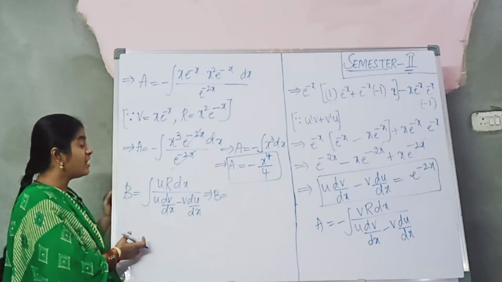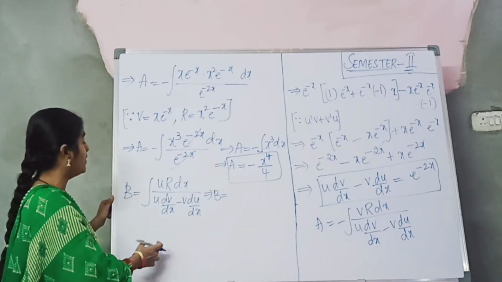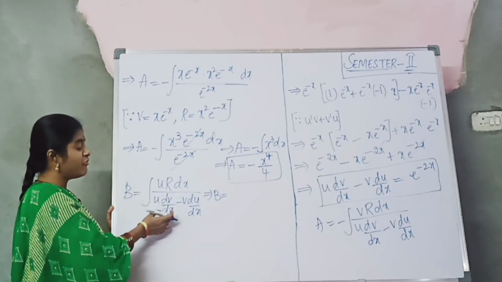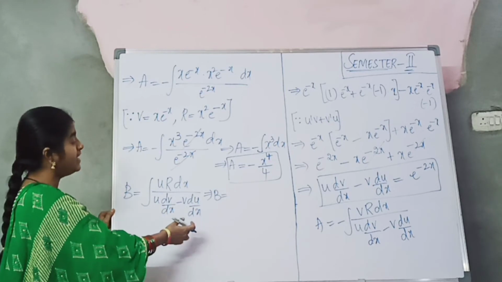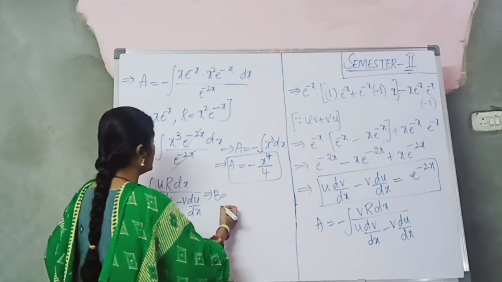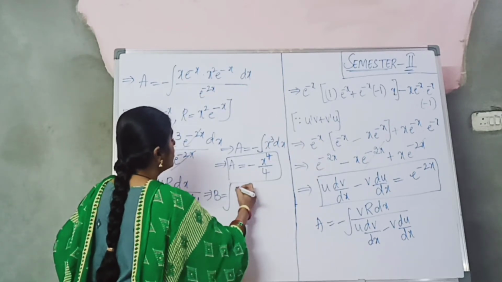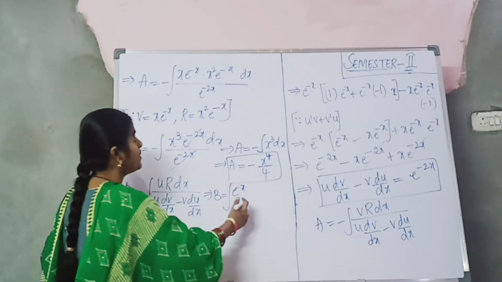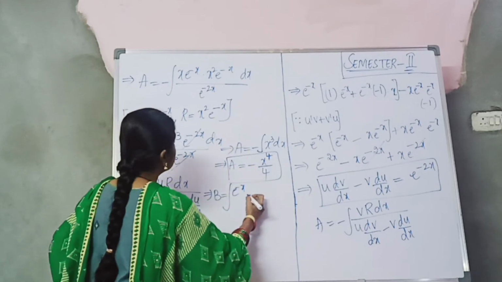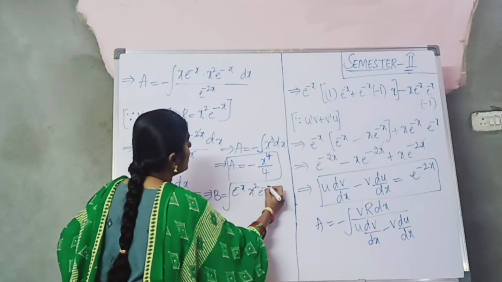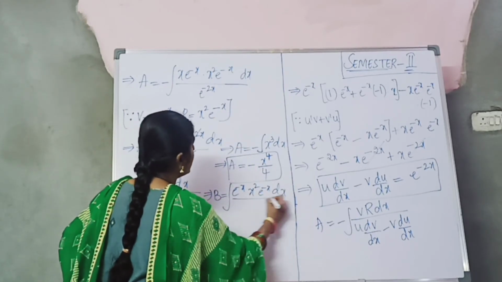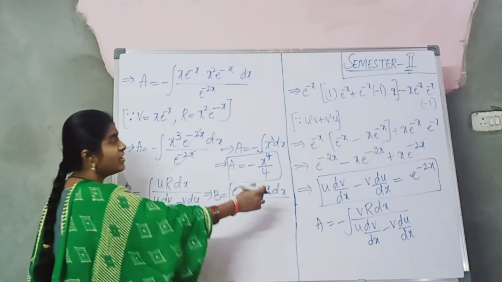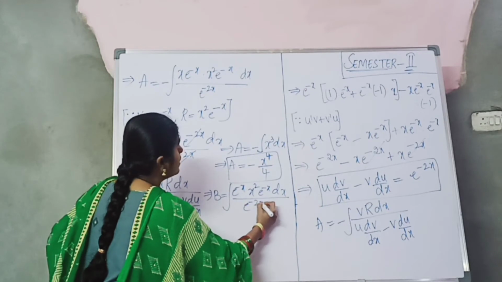Now let us find the value of b using this formula: b equals integral of u r dx by u dv by dx minus v du by dx. Here u equals e power minus x, r is x square, and the denominator is e power minus 2x.